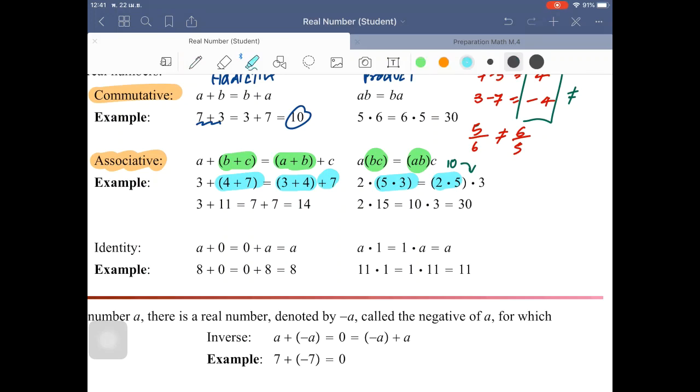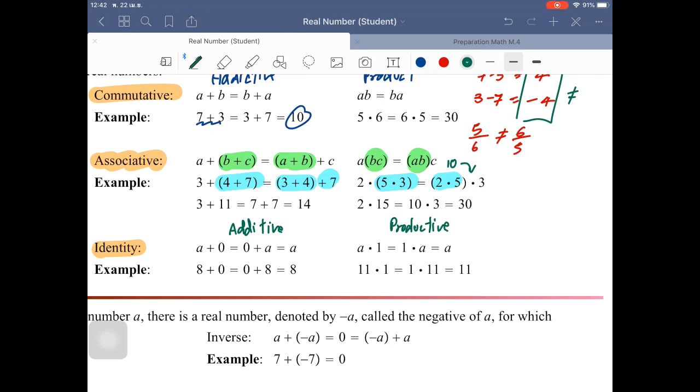Next one, identity property. In the case of additive, in the case of productive, okay?